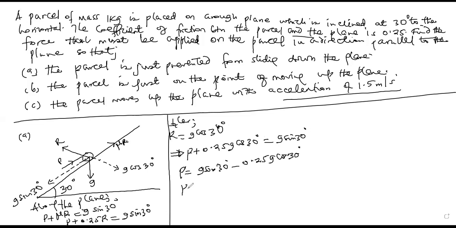This can give you the force in newtons. You will substitute for g as 9.8. That is when the parcel is just being prevented from sliding down. Is that okay?